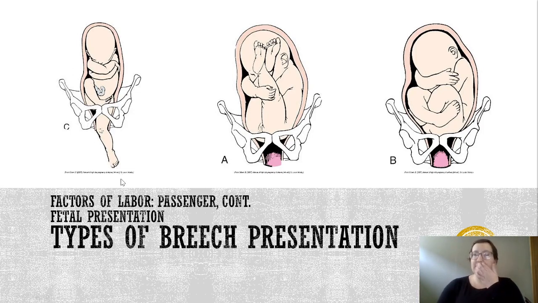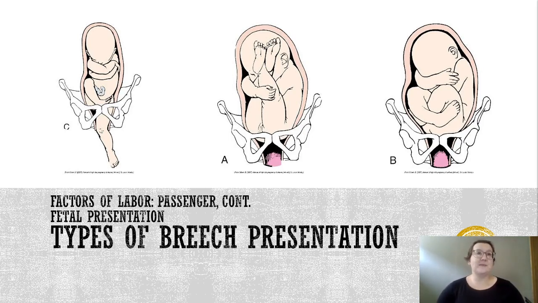The problem with these, and this is also going to be a C-section delivery, the problem with each of these breech deliveries, potentially with the frank, you can get some dilation, but dilation is actually the force that's placed upon the cervix to encourage it to widen.